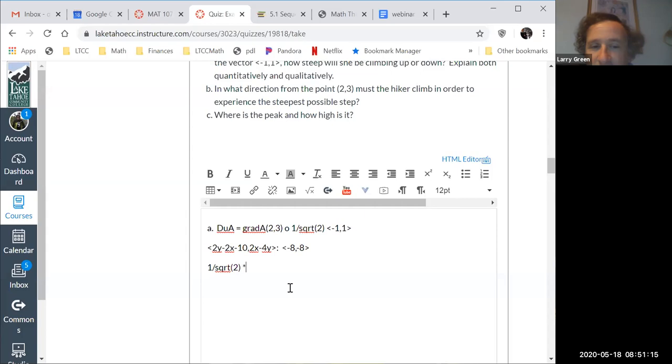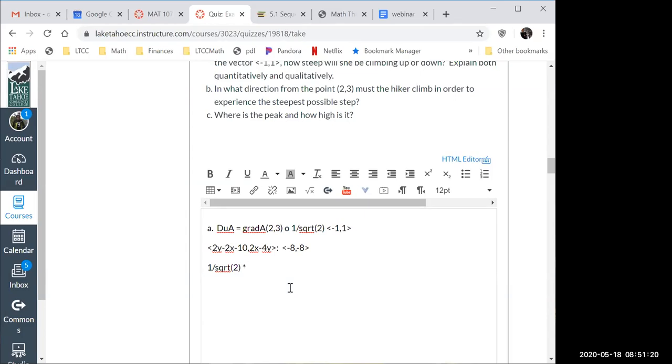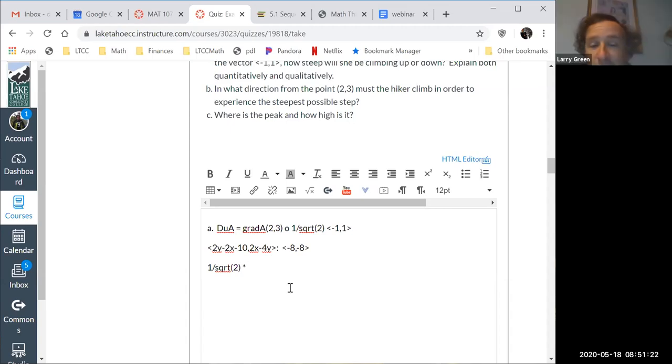It's a beautiful, easy dot product. Remember, the dot product is a number. It's -8, -8 dotted with -1, 1. It's 0, right? -8 times -1 is 8, and then -8 times 1 is -8. 8 plus -8 is 0. So one of the nice things is that square root of 2 just goes away.